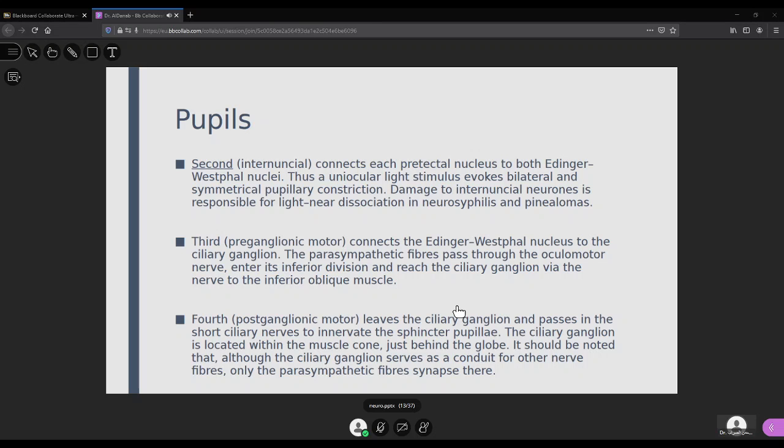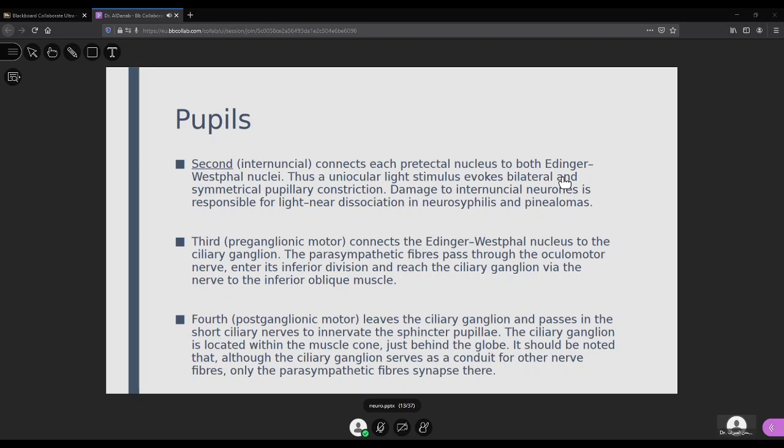The third, preganglionic motor neuron, connects the Edinger-Westphal nucleus to the ciliary ganglion. The parasympathetic fibers pass through the oculomotor nerve, enter its inferior division, and reach the ciliary ganglion via the nerve to the inferior oblique muscle. The fourth, the postganglionic motor neuron, leaves the ciliary ganglion and passes in the short ciliary nerves to innervate the sphincter pupillae.